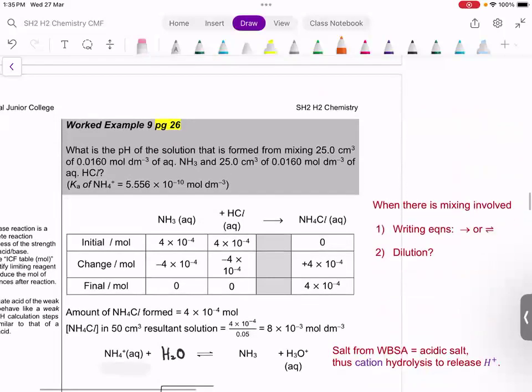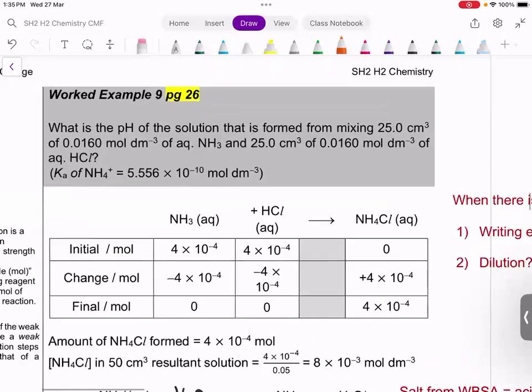In the next work example, it is more complicated in the sense that you are not just given a salt solution, you are forming a salt solution. In this formation, you have your weak base, the parent, already given to you, and your strong acid coming together to react.